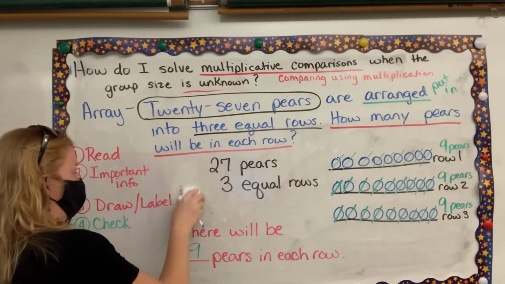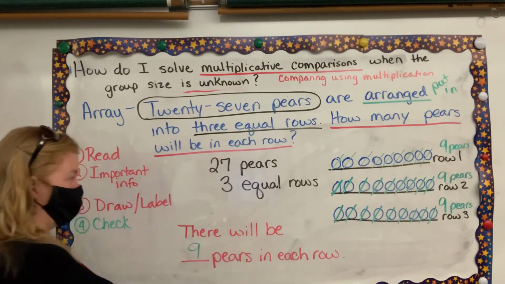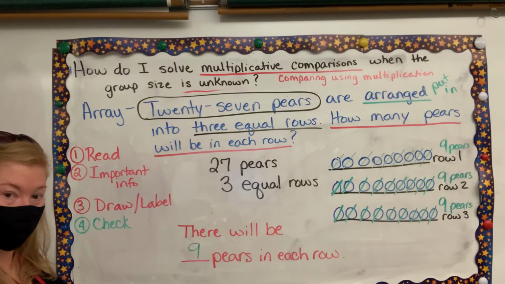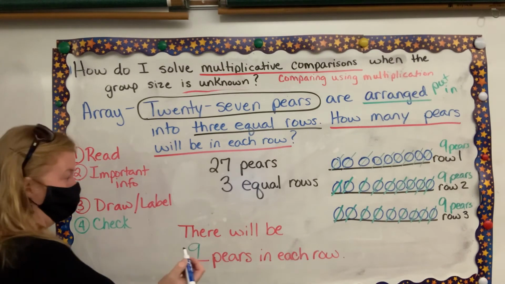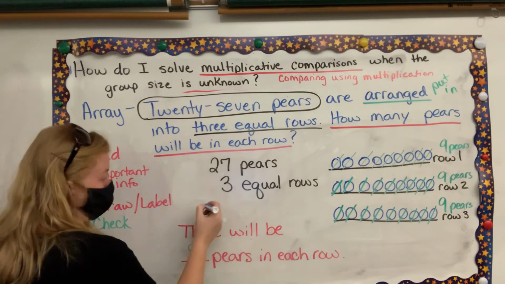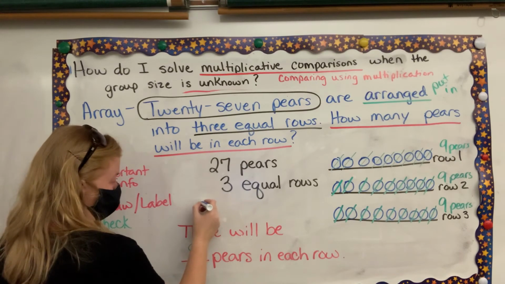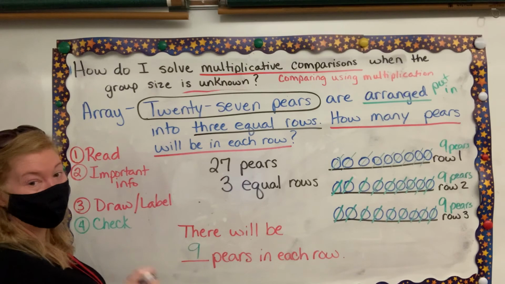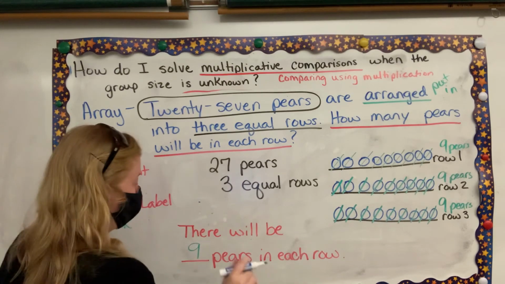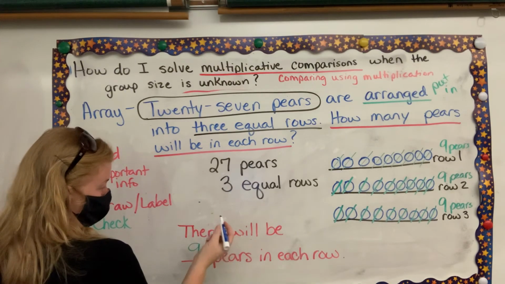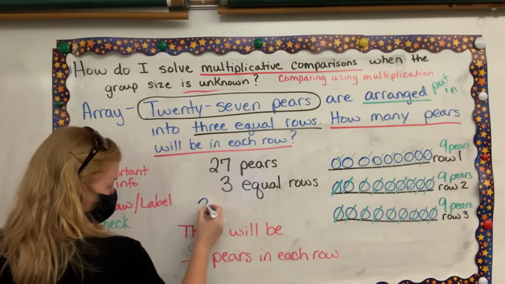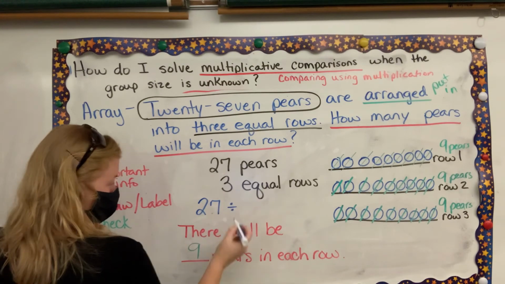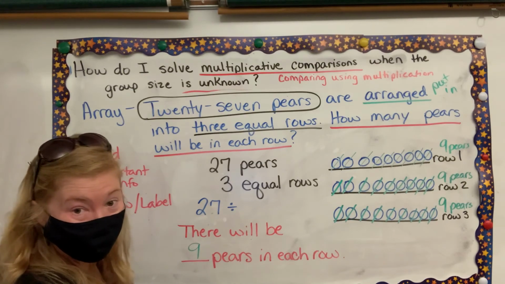Giovanni. We can do 27 divided by, let's see. If you're doing division, you have to start with what you know. What do you know?